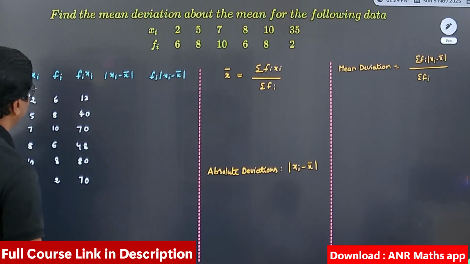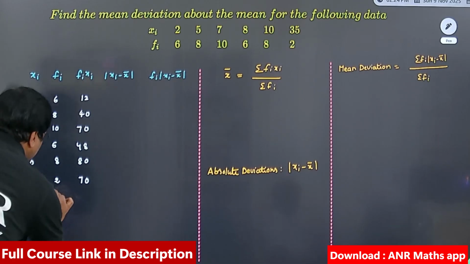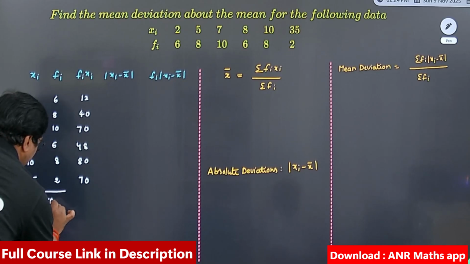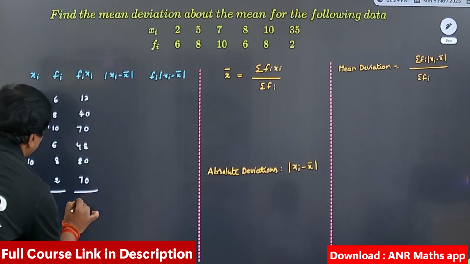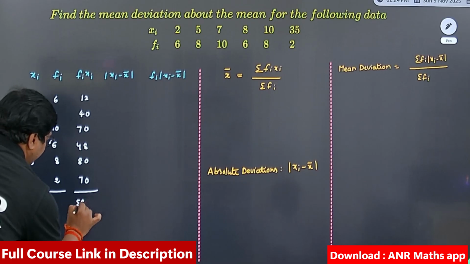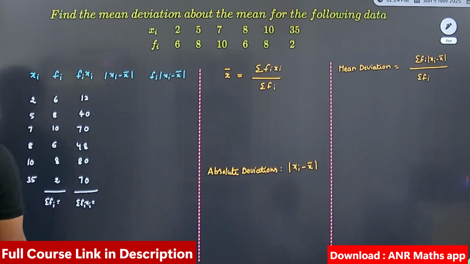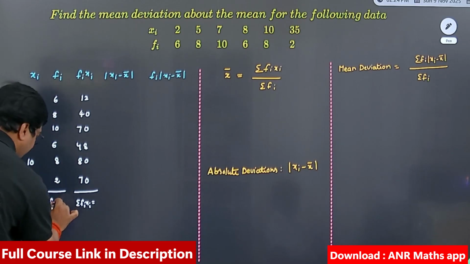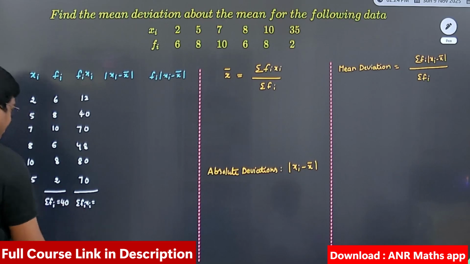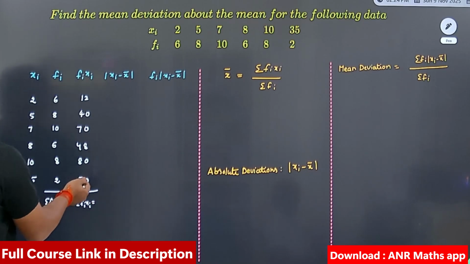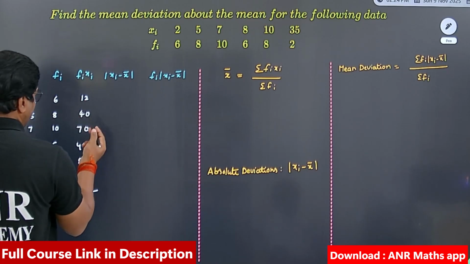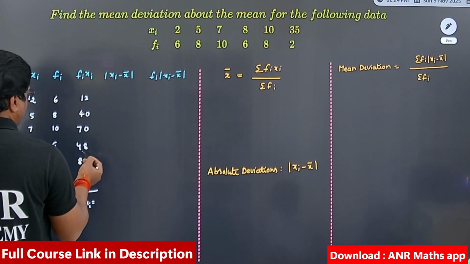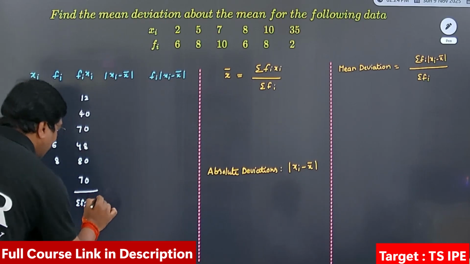Yes, here I am going to mention summation fi value, and here summation fi xi value. Adding all these, 8 plus 2 is 10, 20, 30, 40, total 40. Next, sum of all these, 320 it is.